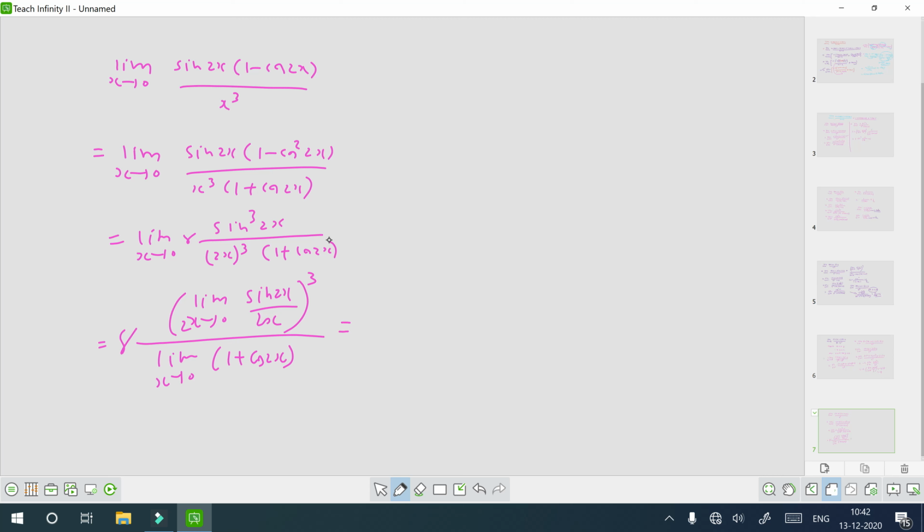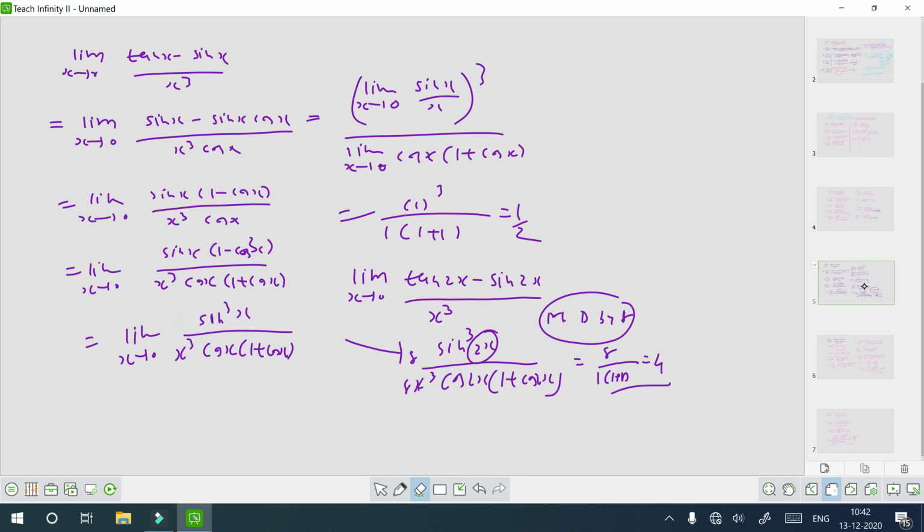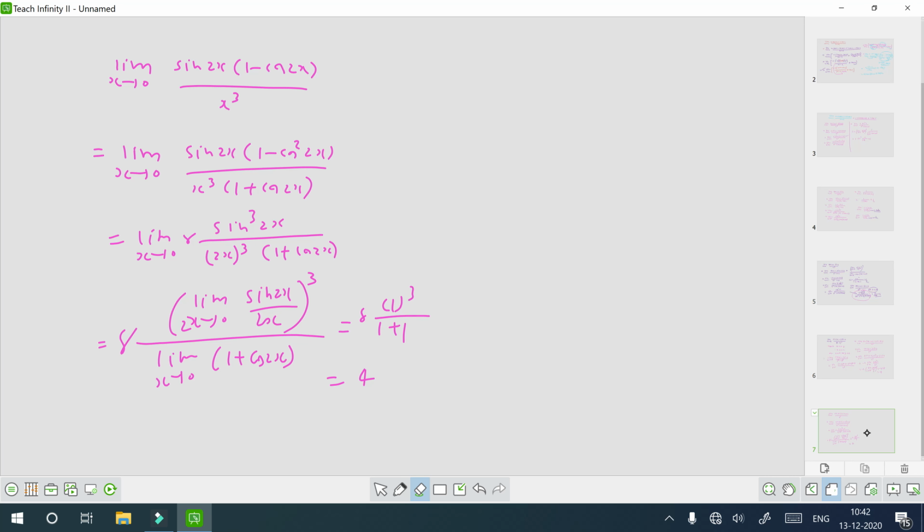And that is equal to 8 into 1 cube over 1 plus 1, and that is answer 4. See, in this way you are going to see here also. Clear? Yes. See. Next example.